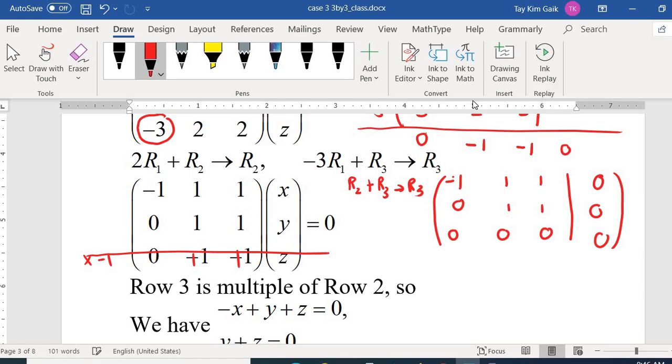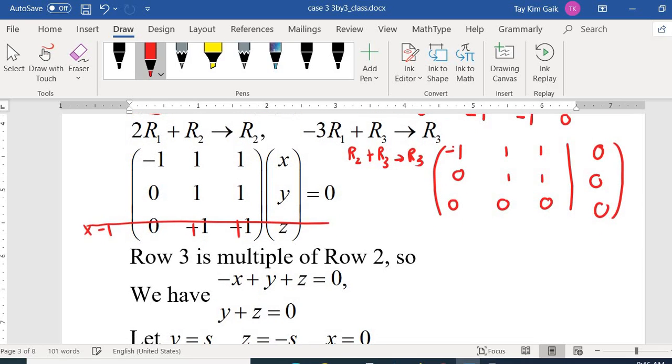The second equation, y plus z equal to 0. Solving these, plug y plus z equal to 0 into the first, so you have negative x plus 0 equal to 0. Answer: x equal to 0.